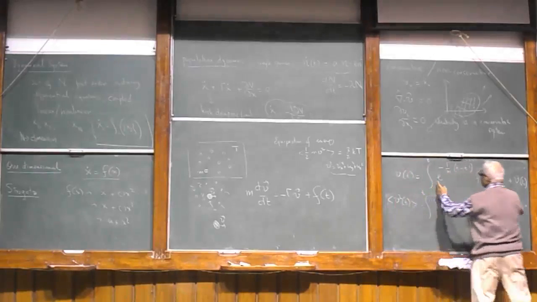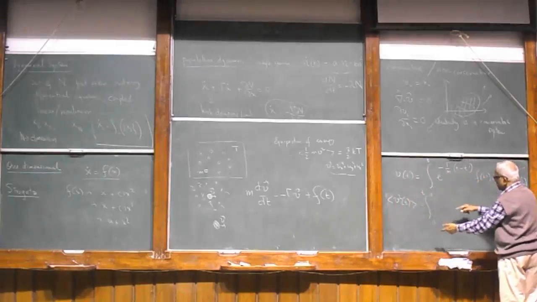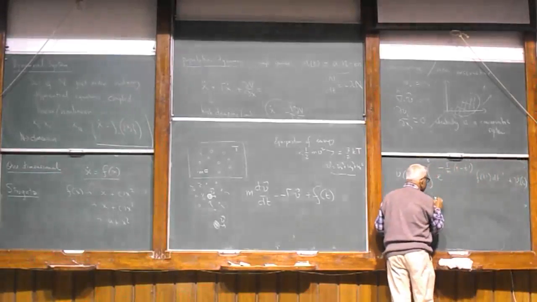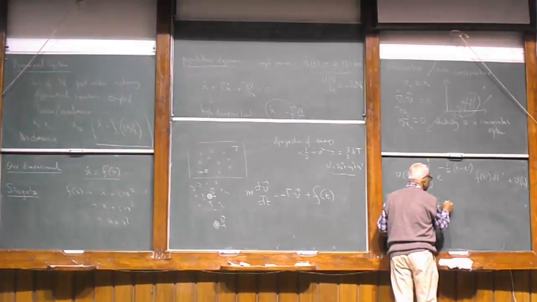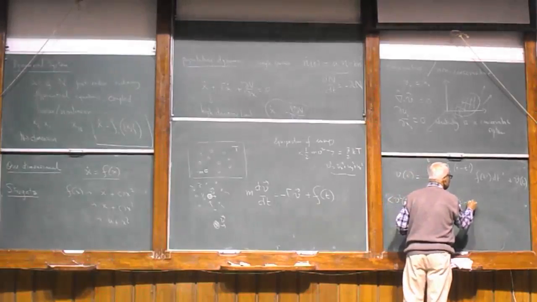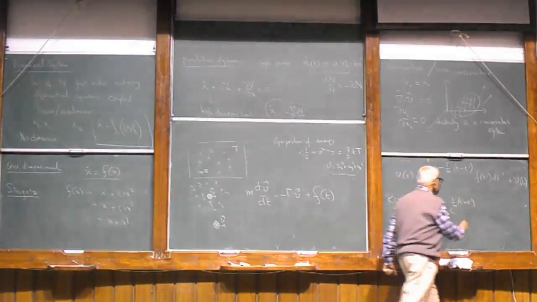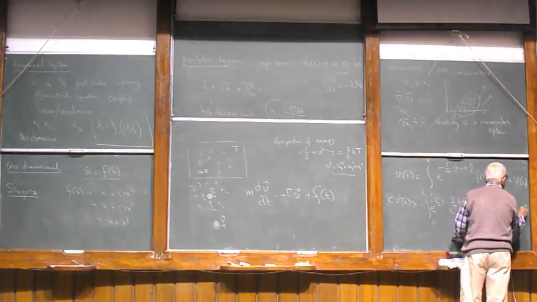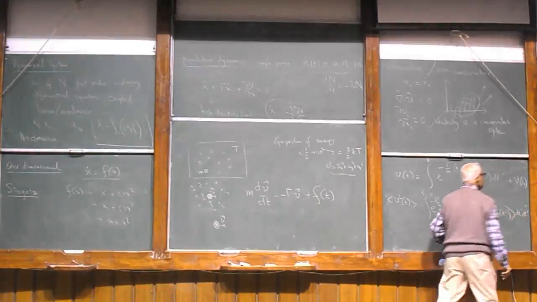So there is going to be one term like this being multiplied by another term like this, which means I have 2 gamma over m, e to the power minus gamma over m (t minus t prime plus t minus t double prime), f of t prime f of t double prime, dt prime dt double prime.